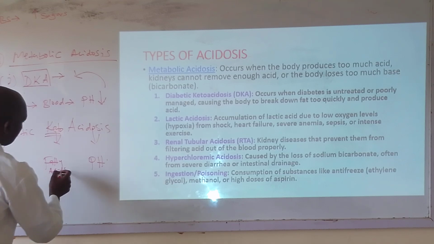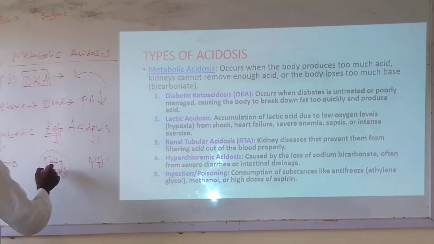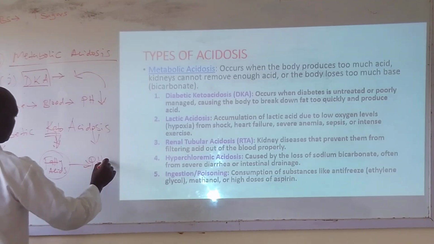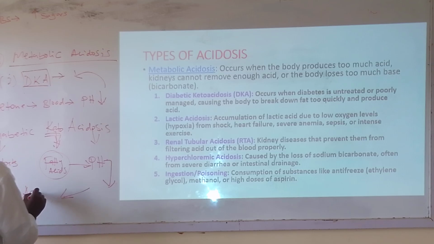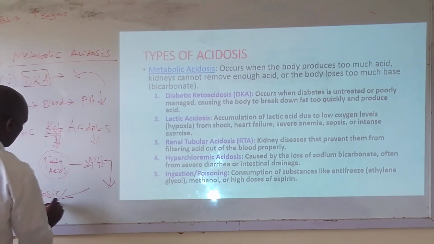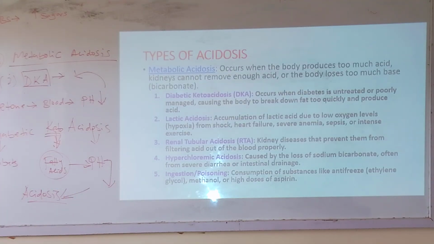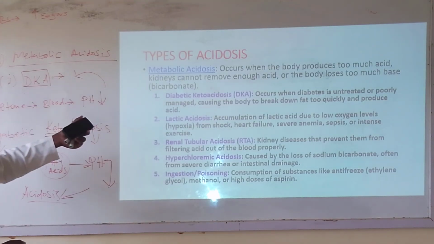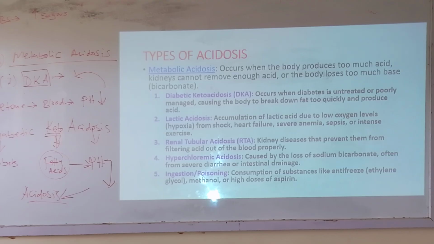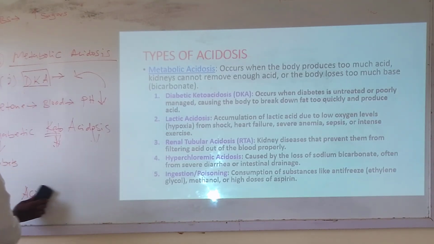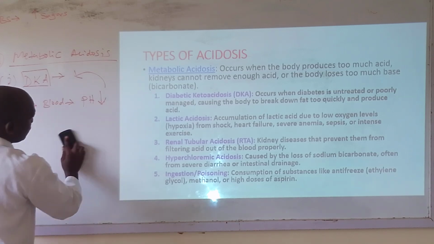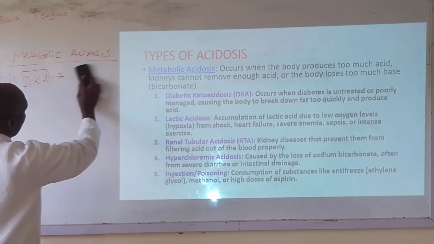So the ketones from fatty acids will change the pH, and the pH of blood will shift towards acidosis. That is why it's referred to as metabolic acidosis. DKA is one of the examples of metabolic acidosis. Lactic acidosis is also another form of metabolic acidosis.